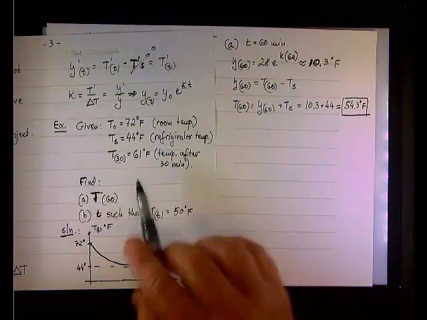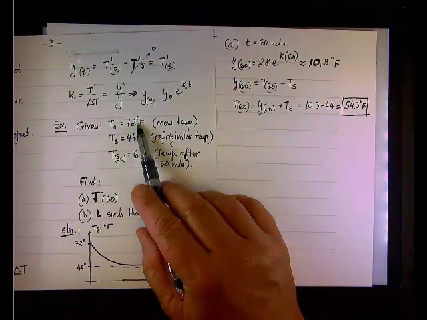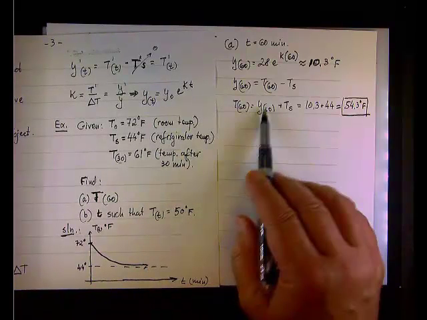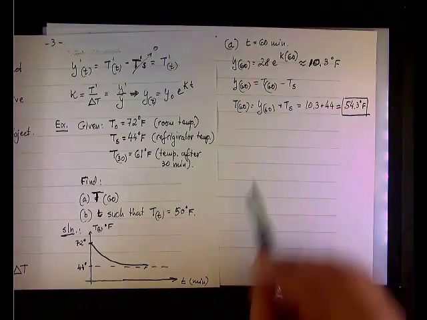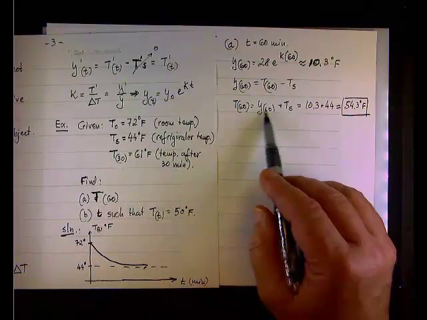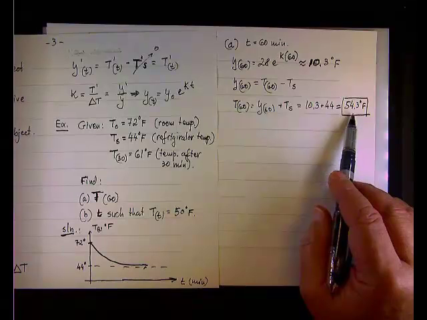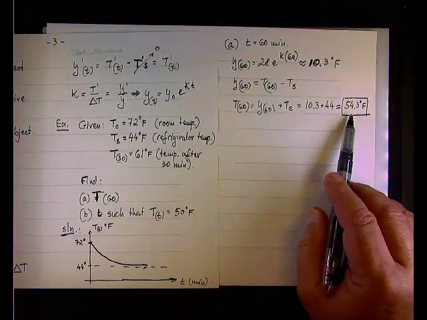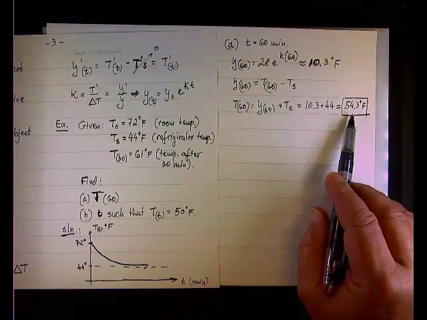So for the first 30 minutes, the temperature dropped from 72 to 61, a drop of 11 degrees. On the other hand, for the next 30 minutes, from 30 to 60, the temperature dropped from 61 degrees to 54.3 degrees, approximately 7 degrees, or exactly 6.7 degrees.